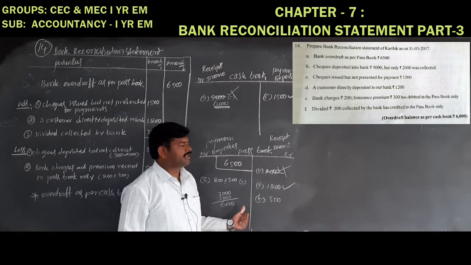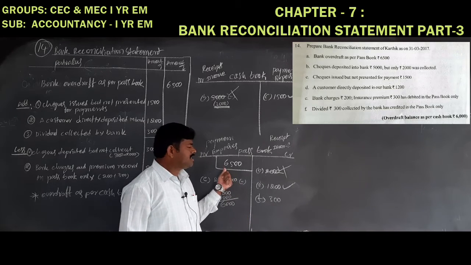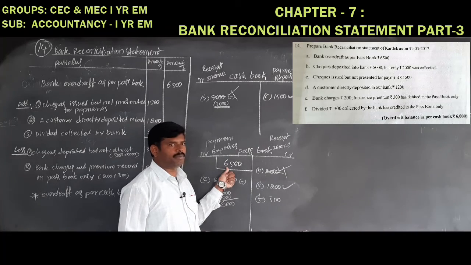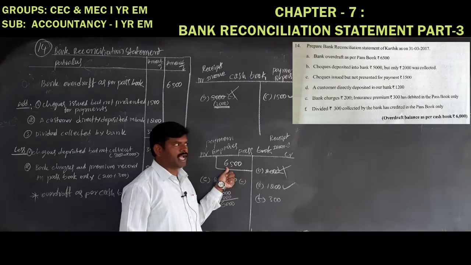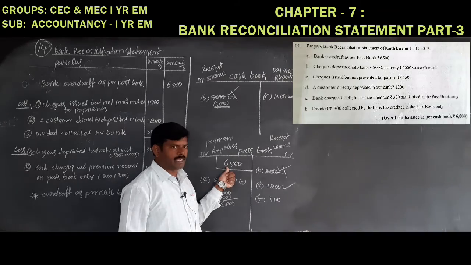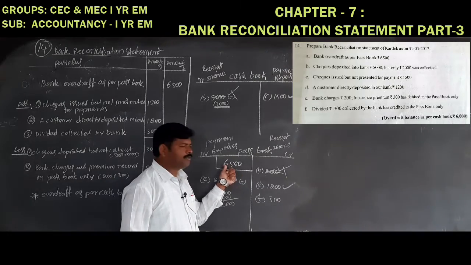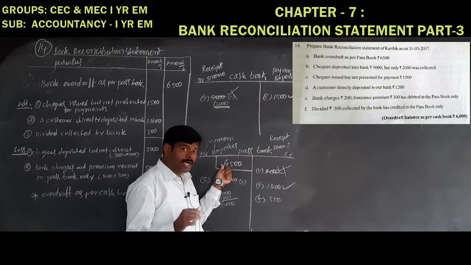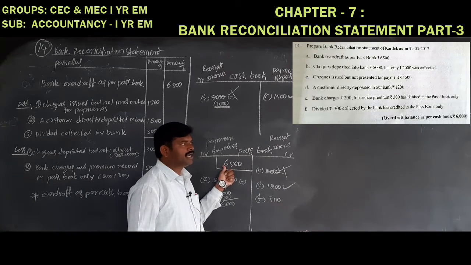After that, what is the starting point? This is the starting point. The starting point depends upon the balance given in the problem: either balance as per the cash book, balance as per the passbook, overdraft as per the cash book, or overdraft as per the passbook. This is the overdraft as per the passbook. So it is a negative balance. Here the bank is giving the customer more money than has been deposited.